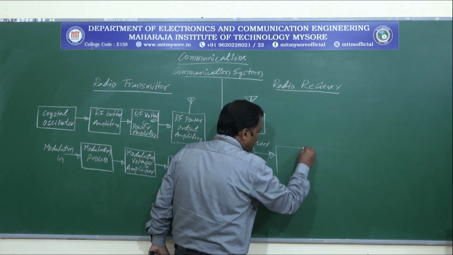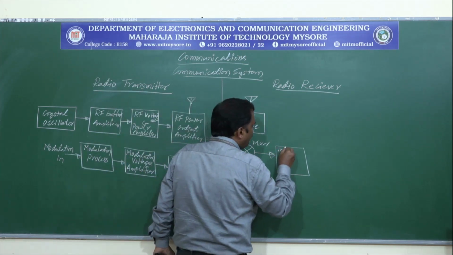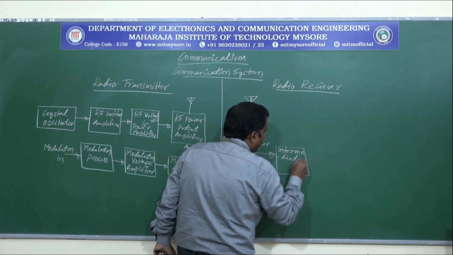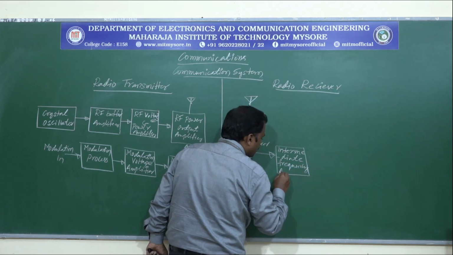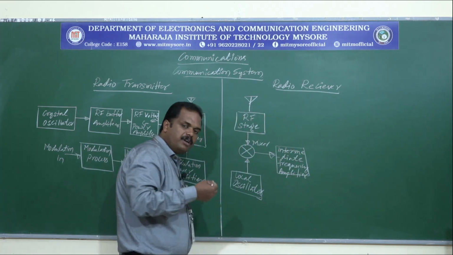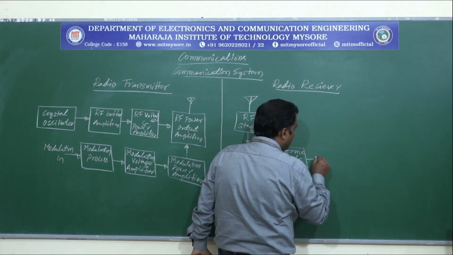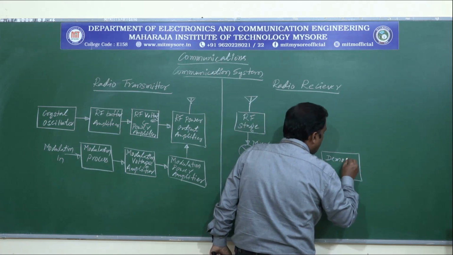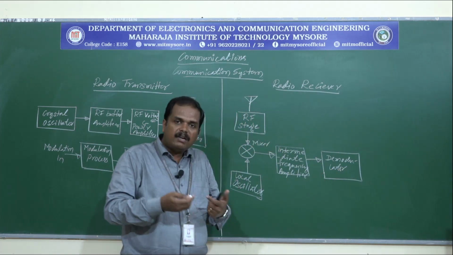The mixer is going to generate the difference of these two signals. The difference of these two signals will be given to the intermediate frequency amplifier. This is going to amplify the received intermediate signal to the required level, and then this will be given to the next stage called the demodulator, which is going to recover the signal.